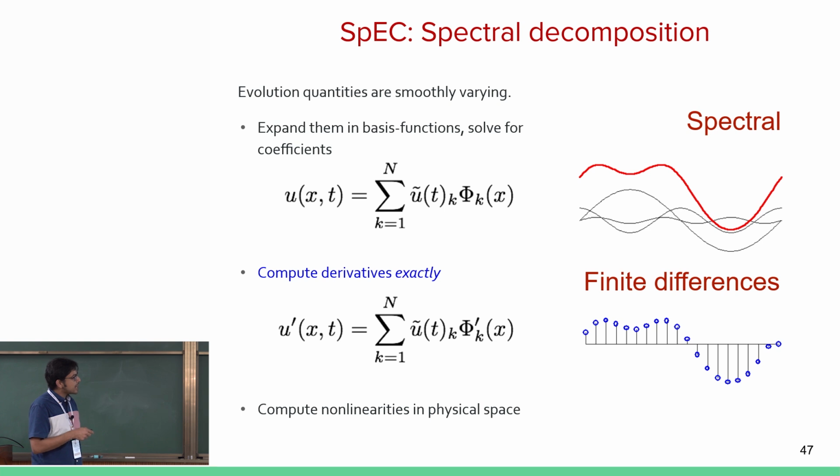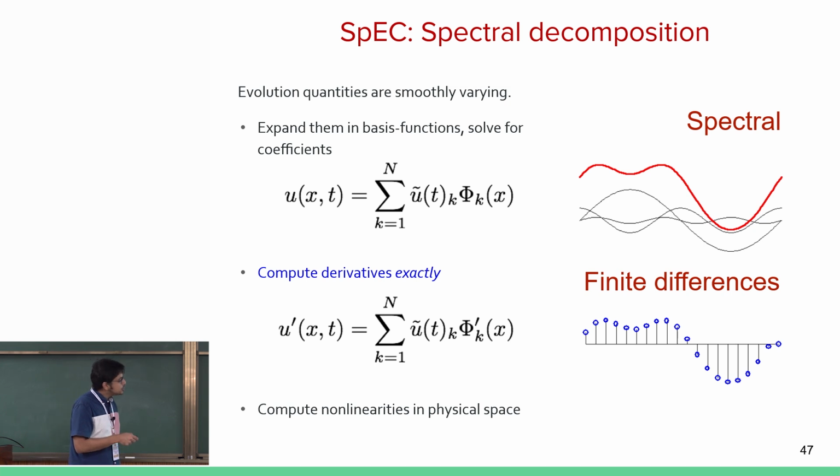The benefit of that is shown in this slide, for example. When you have any field in the spectral discretization scheme, you express that as a linear combination of some basis functions. These basis functions can be Chebyshev or Legendre polynomials, they can be Fourier series, they can be spherical harmonics.